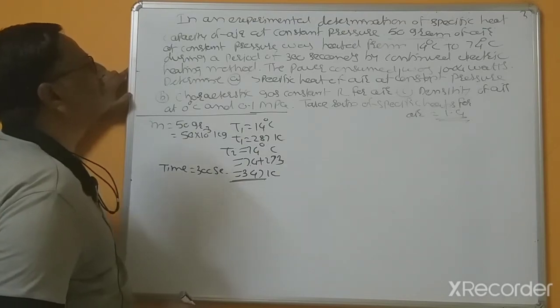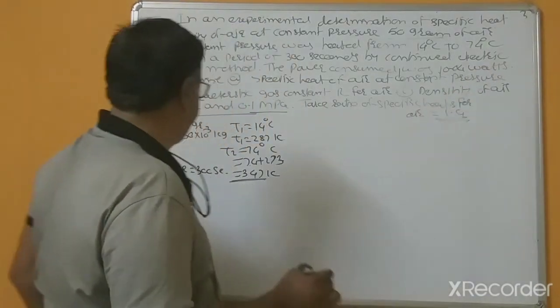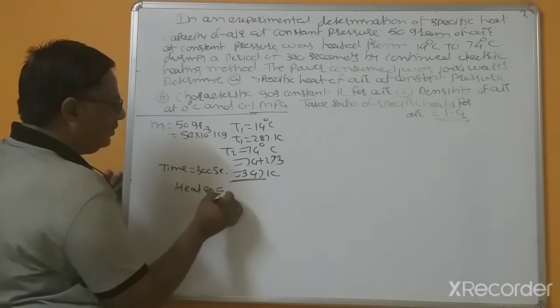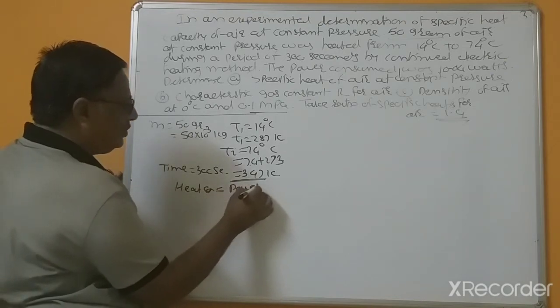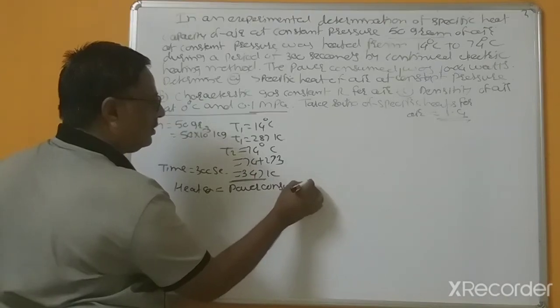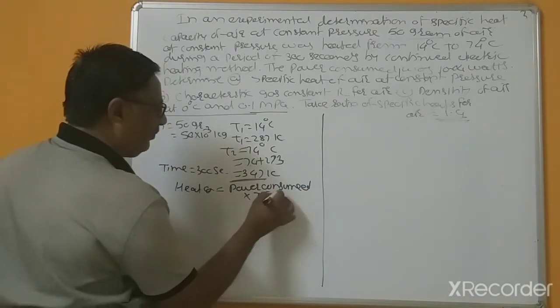So the heat supplied Q equals power consumed multiplied by time.